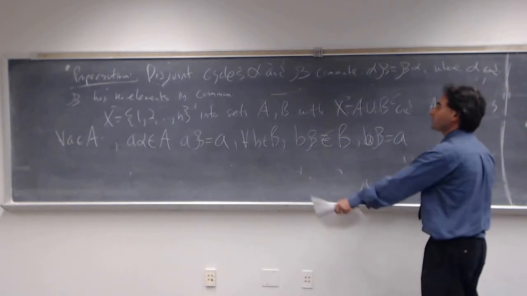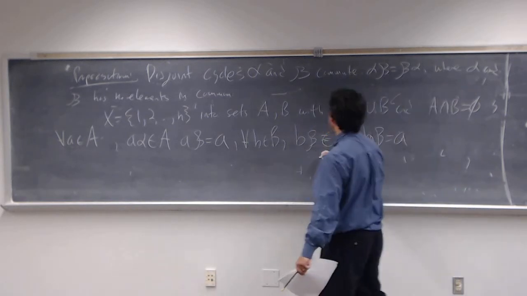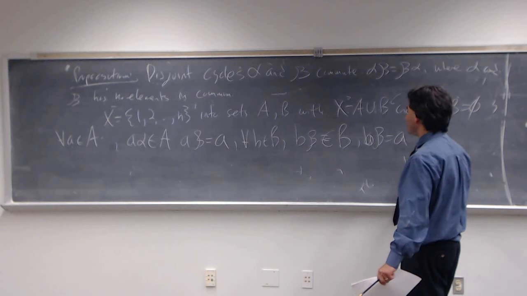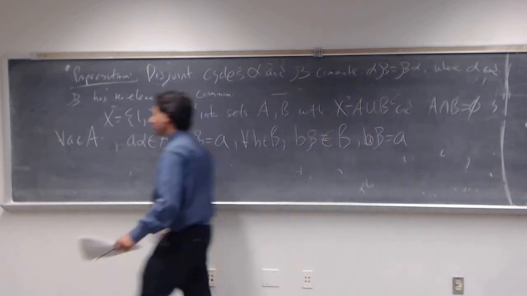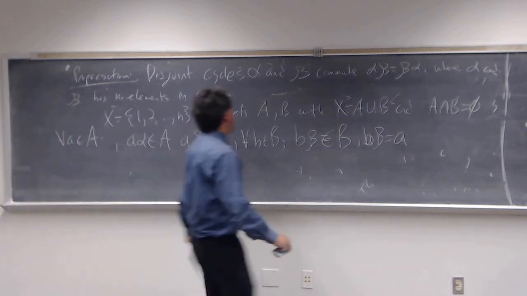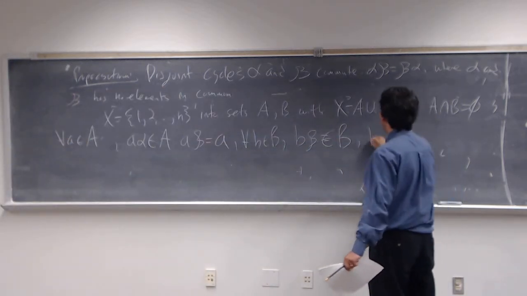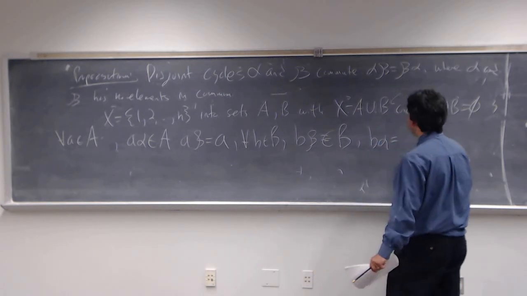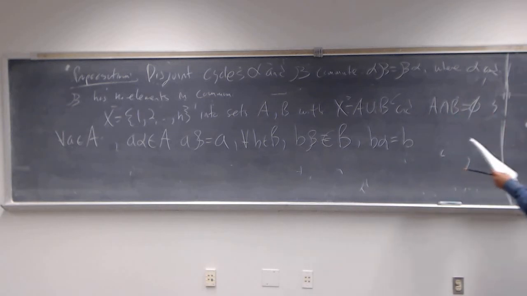Suppose an element we didn't see in A, we didn't want to put it over here, we put it over here. We think of it as an element in the set B, called b. So b is not an element of alpha. I have to change one thing. So we have b alpha equals b.